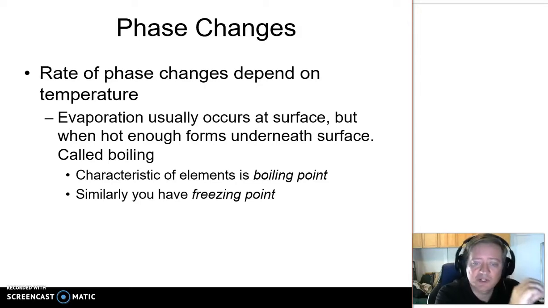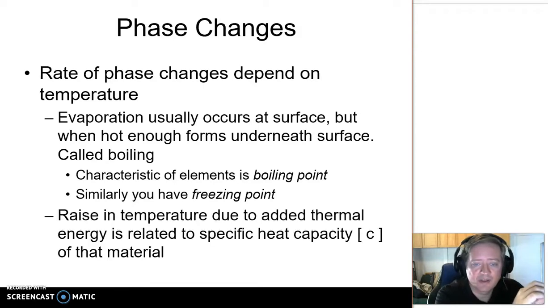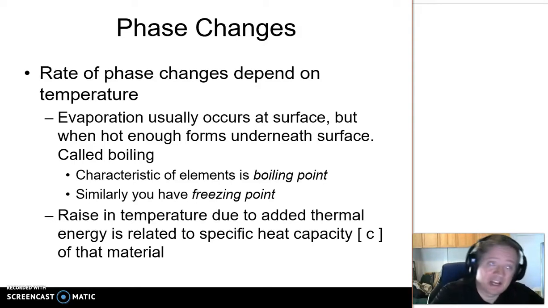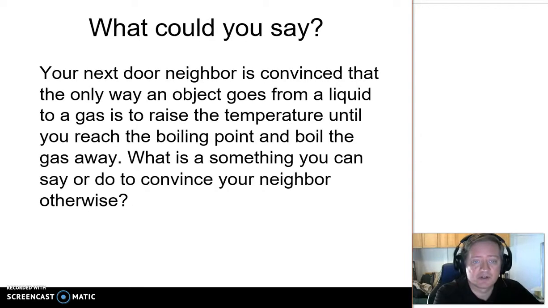On the flip side, you also have what's called the freezing point. Now, you're not really going to need to know this for elementary school, but how much energy you need to add to raise the temperature, and how much it goes up, is based upon the material. The amount of energy I need to raise copper, for example, is what we call the specific heat capacity of that material. This is also why, if you go to the beach, the water feels cooler and the sand feels a little bit warmer.